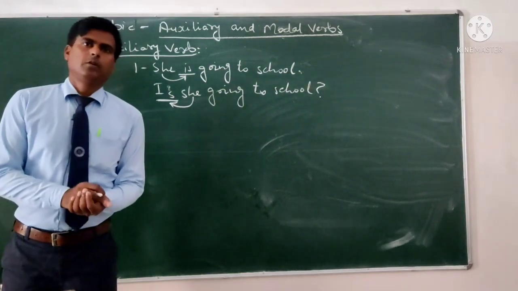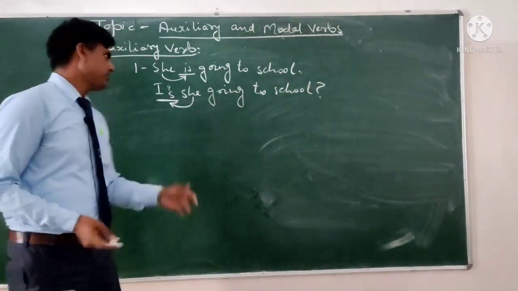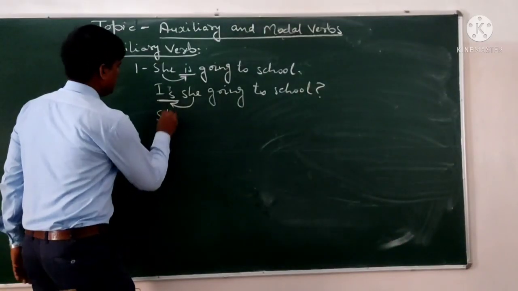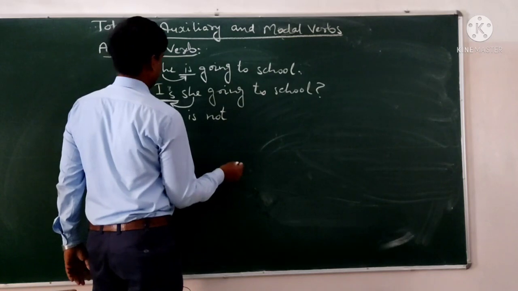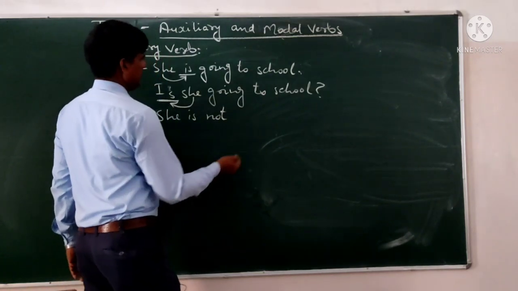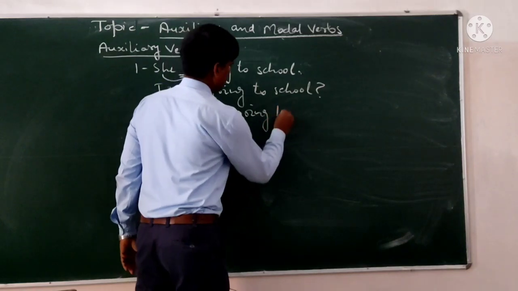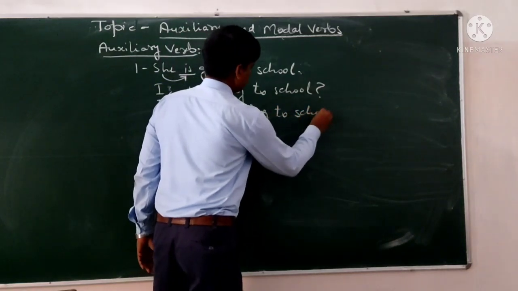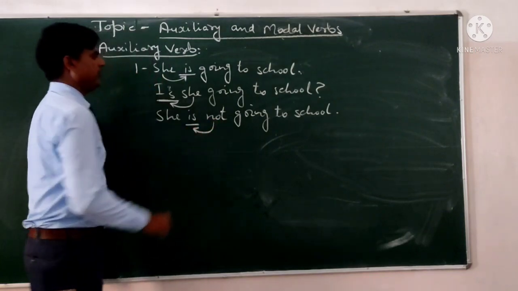In negative we use the auxiliary verb before not. For example, we can say she is not going to school. Is is used before not.